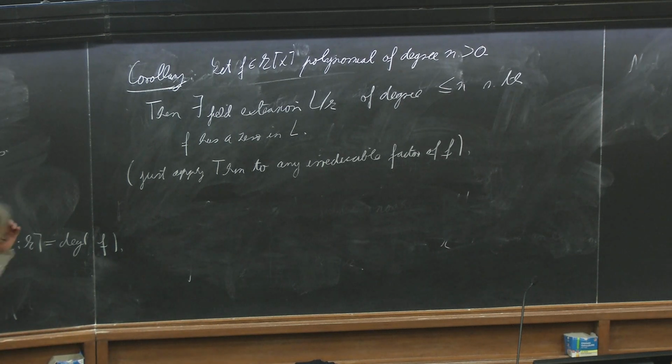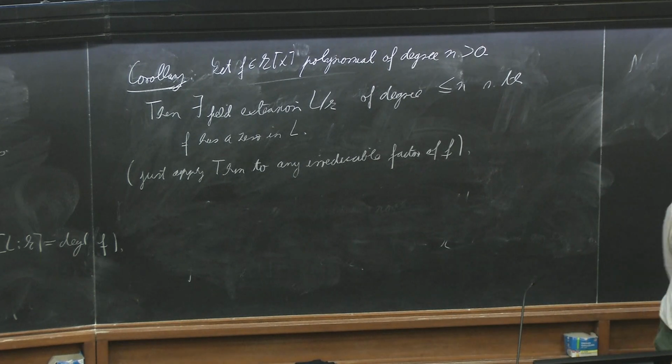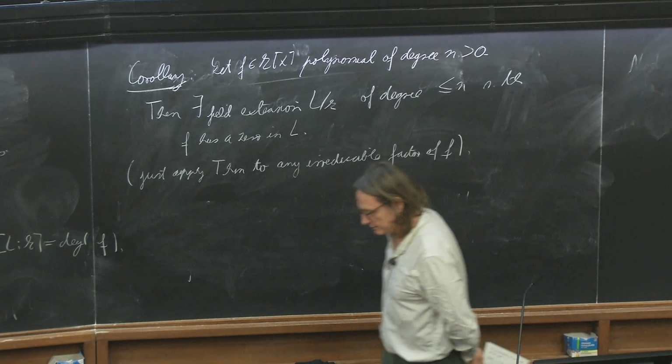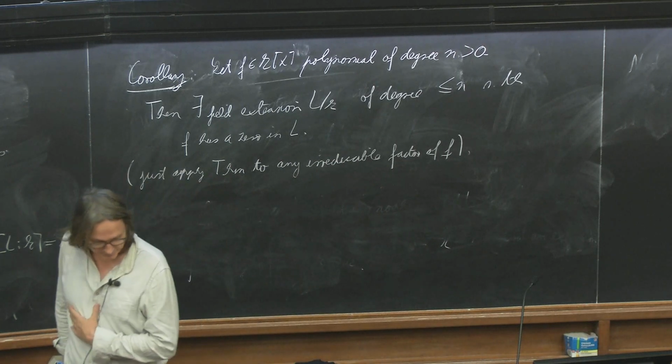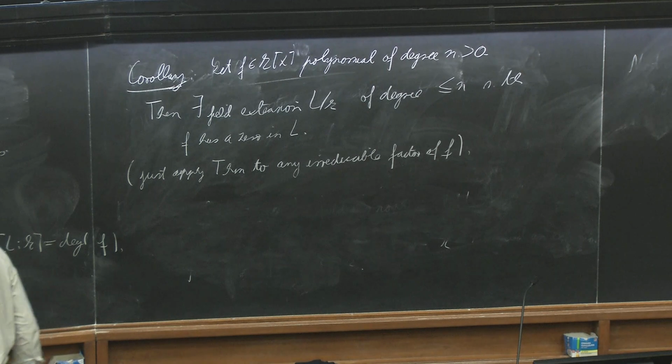So we can produce one zero of our polynomial. Then we can just iterate until we have as many zeros so that it splits. And this will finally give us eventually a splitting field.